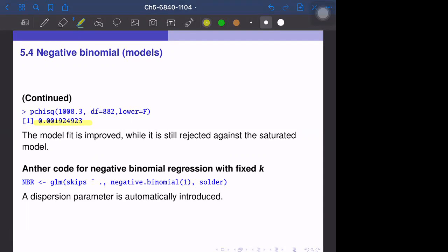Another way to fit the negative binomial model is to use the glm function with a different family, negative.binomial. You can put the k value here, but this function does not optimize k, so you have to put k manually. If you put many different k's, you can compare the results, but basically k should be given.